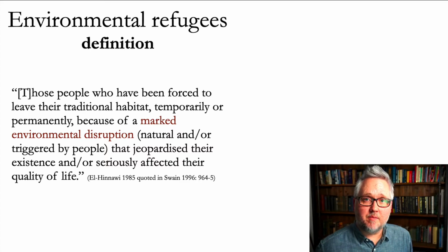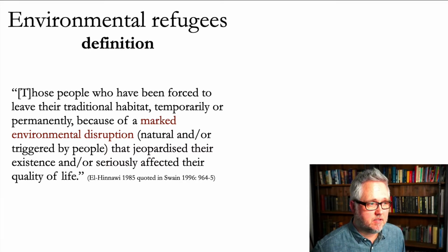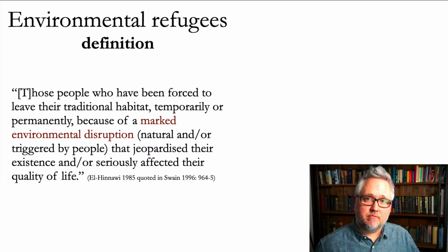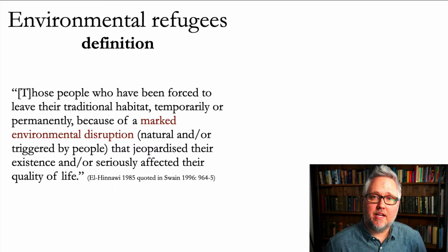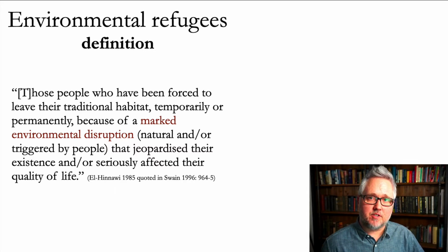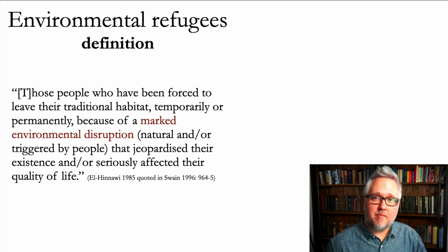A few elements of this definition that I think are relevant: the fact that there is some kind of environmental disruption. Less focus here is on the ones that are caused by people. Often it is because of a natural reason, although as we'll see later on in the food and water weeks, environmental factors could lead other people to be brought into conflict, environmentally, economically, or violently, with other groups of people, and that could in turn lead to migration.